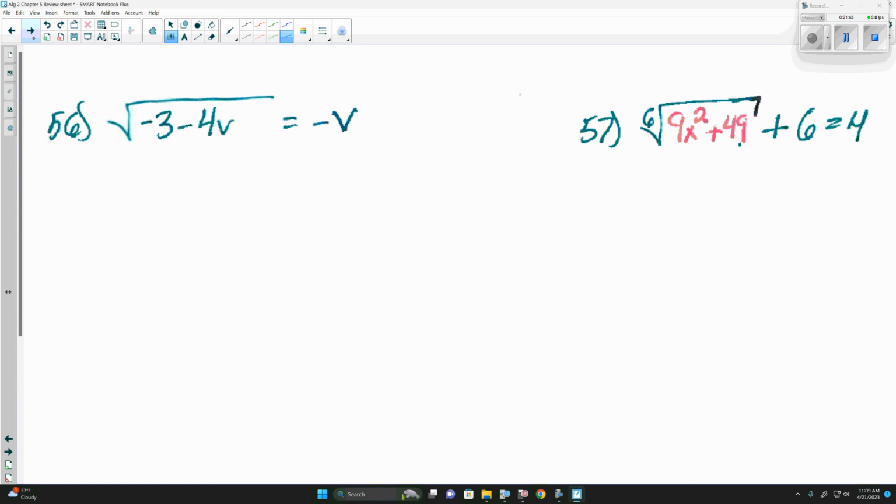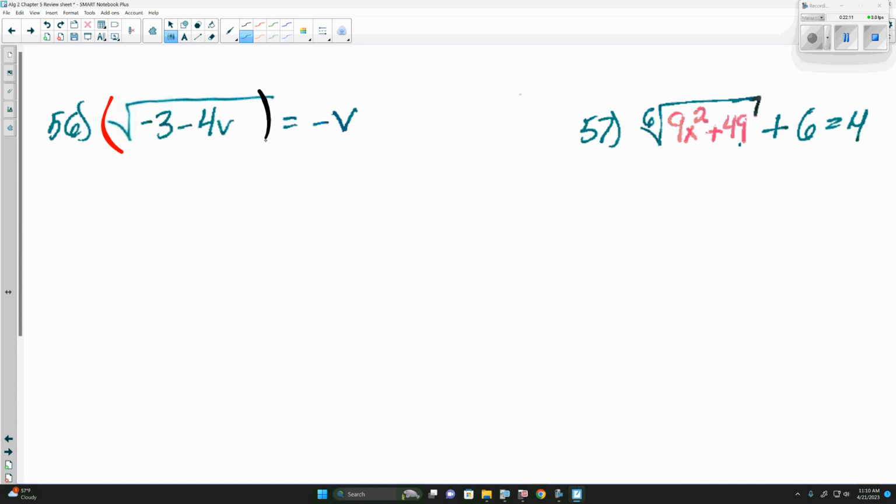Now, the first thing we need to do is square both sides. We've said before that we can't have an even root equal to a negative number. But v is a variable, not a number specifically. So if the value of v was negative, the negative in the negative value of v would make it positive.